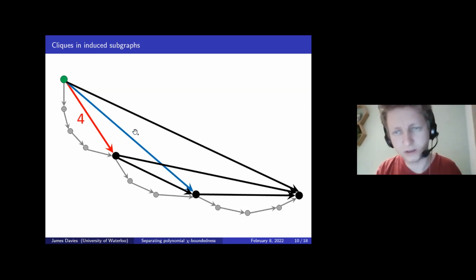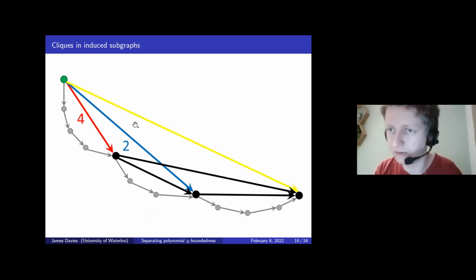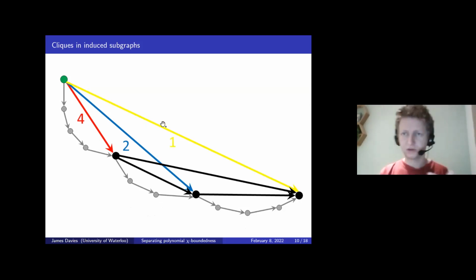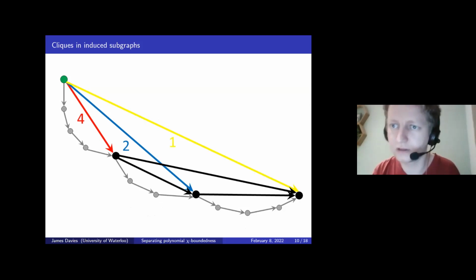This blue one here is of length 7, or 2 mod 5. And this yellow one has length 11, or 1 mod 5. So we can keep track of the length of these edges modulo 5. And something we can also do by convention is say that this tail vertex of our clique has length 0. It's the starting point of our clique, so it's 0.